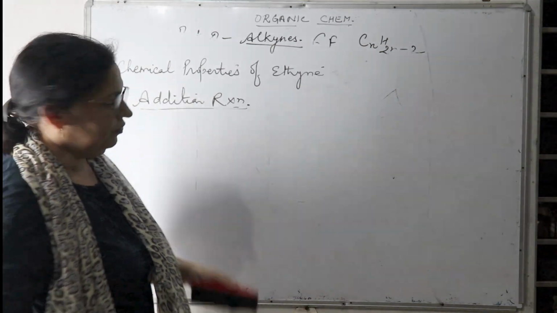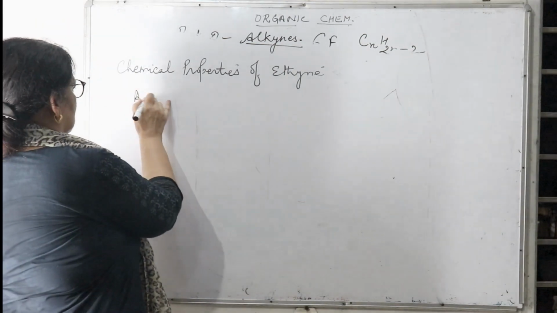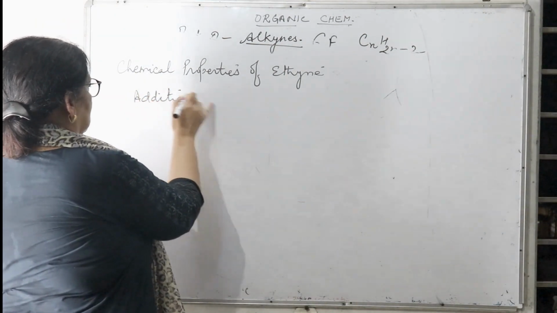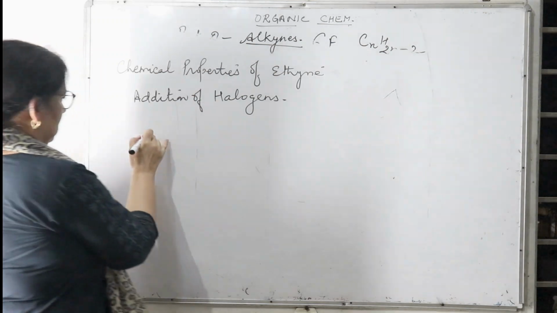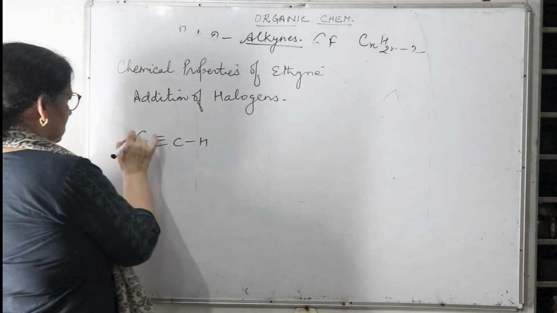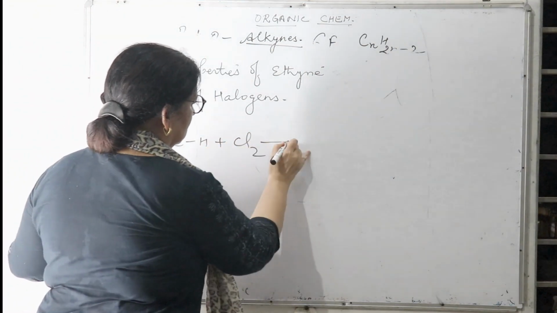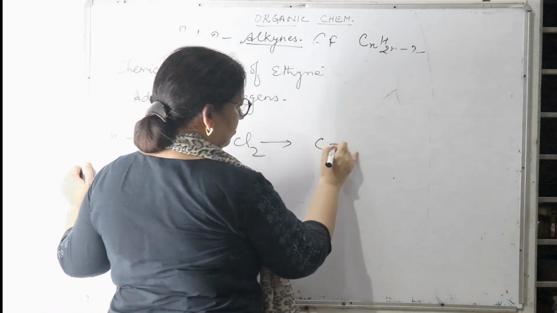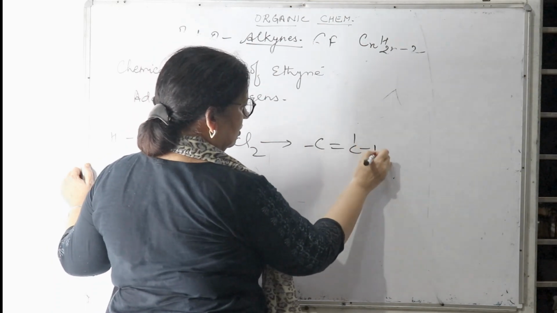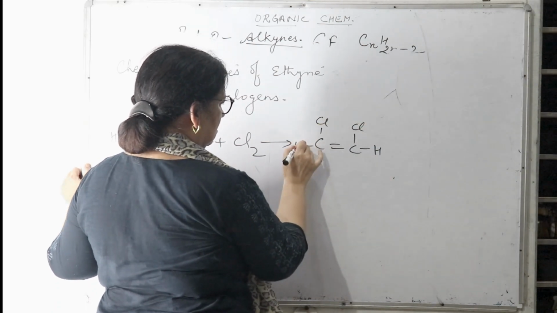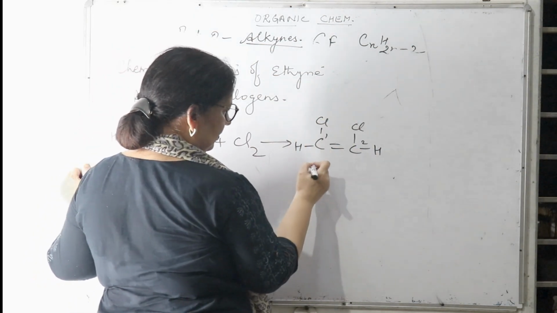Next is addition of halogens. See, this is ethyne plus Cl2, and this triple bond will become double. And what is the name of this compound? See here, at number 1 there is chlorine, number 2 is also having a chloro group.